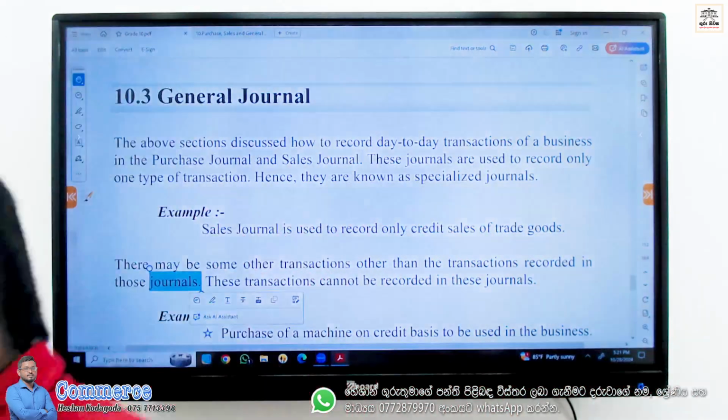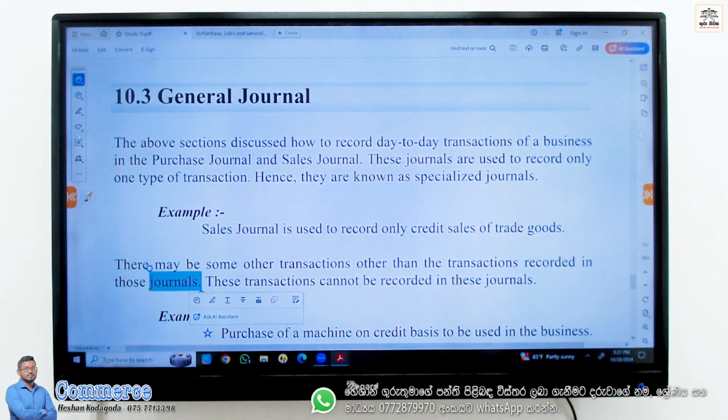So what are the 4 types of transactions we recorded the general journal?